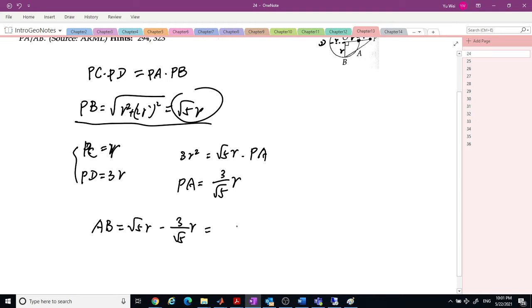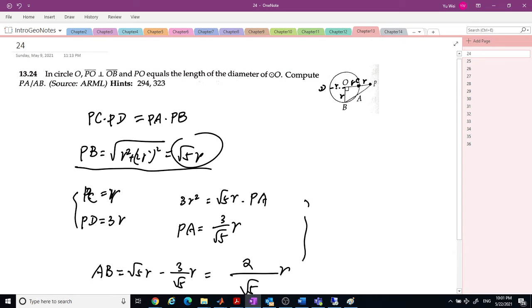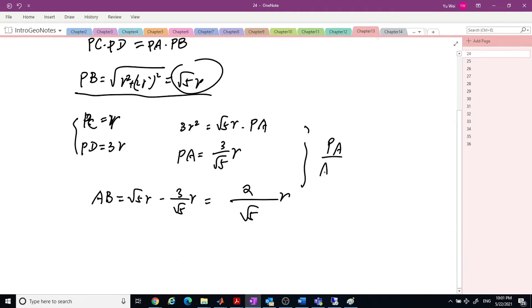So then it is 2 over root 5 R. Now, taking PA to AB, we can calculate that the ratio is equal to 3 over 2. Okay. So next.